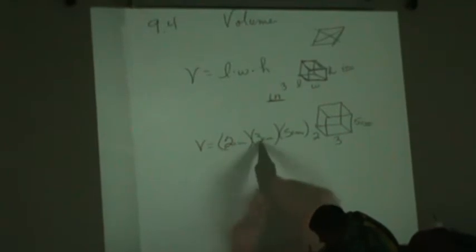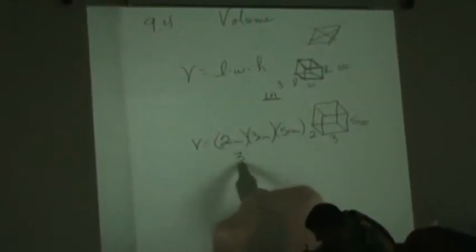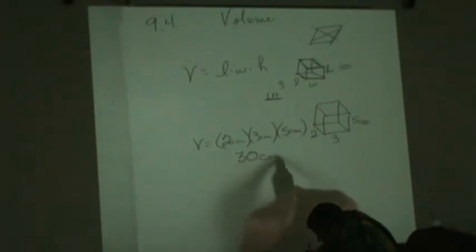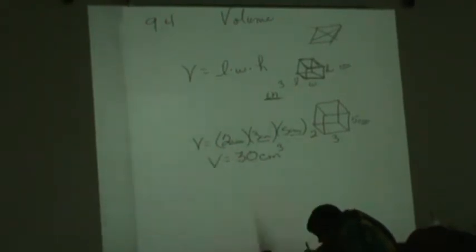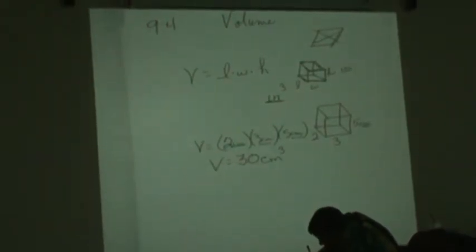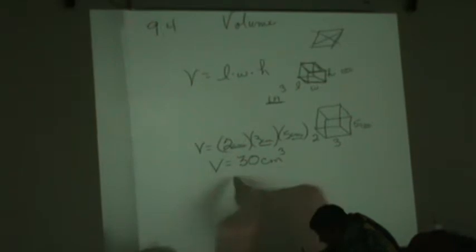So we got 2 times 3 is 6 times 5, which is 30. See, we have centimeters 3 times. 30 cubic centimeters, like that. That's the easiest one. They aren't that hard, but that's the easiest one.